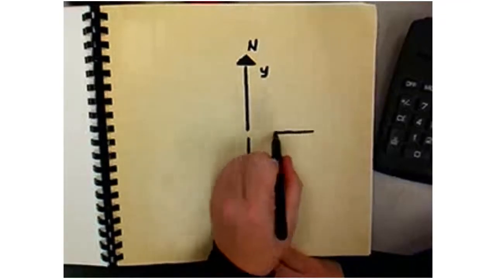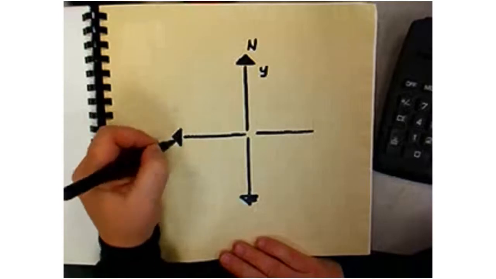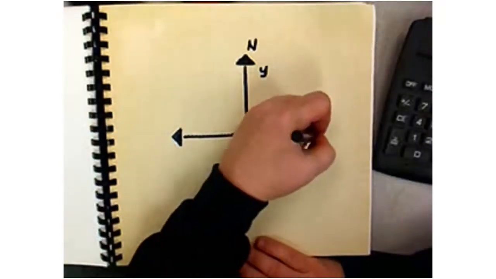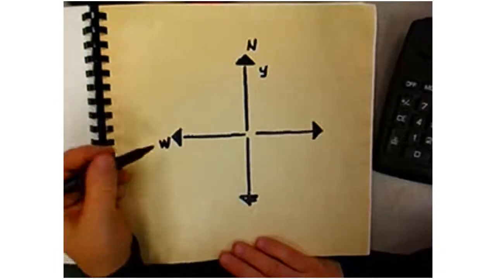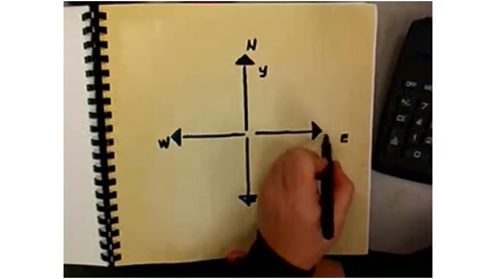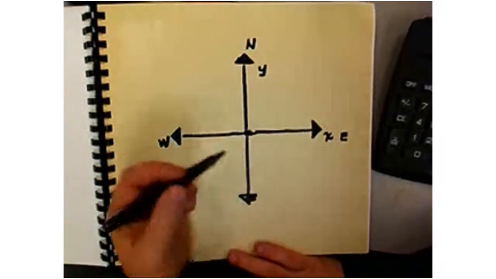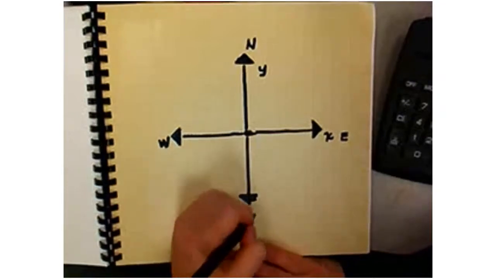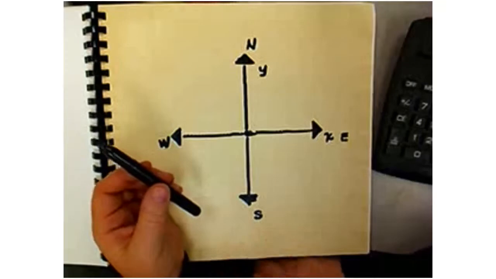And then east and west is your x-axis, right? And they have a W on the left-hand side for west and an E on the right-hand side for east, and then they also label it an X for the x-axis. And then down at the bottom, underneath north, there's an S for south. So it's a cardinal points.